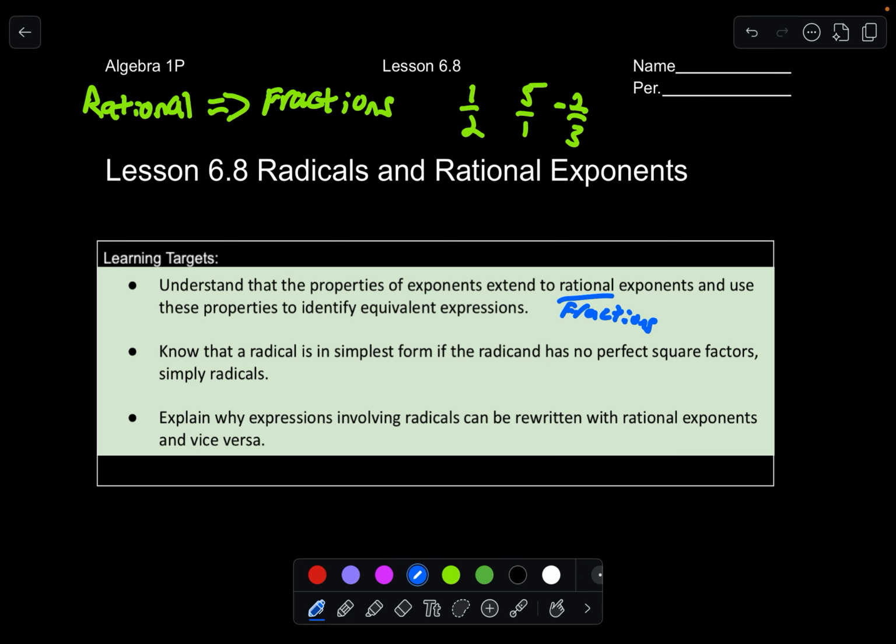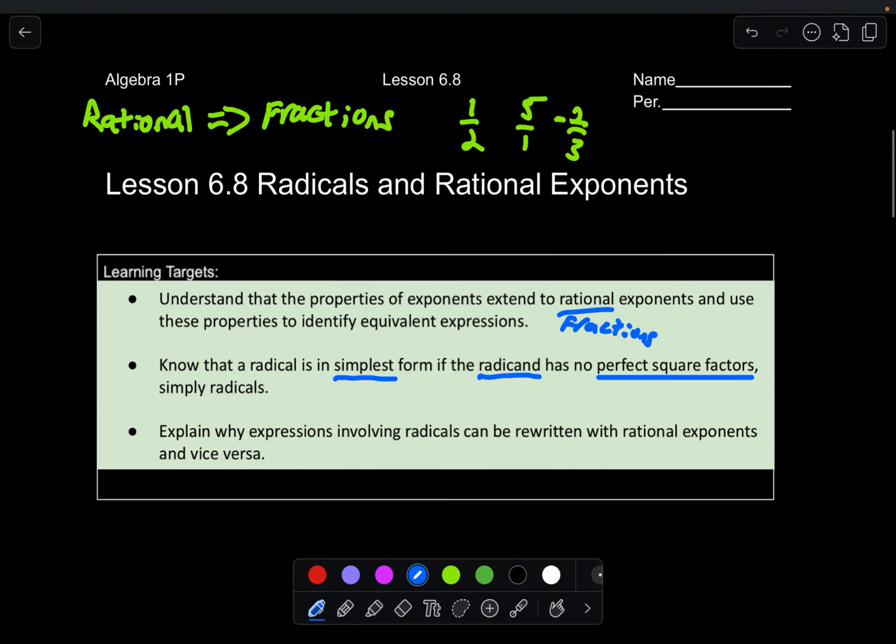Know that a radical is in simplest form if the radicand, new word, has no perfect square factors inside of it. Okay. And simplify radicals. I think that's a typo. Perfect square factors, simplify radicals. Explain why expressions involving radicals can be written with rational exponents and vice versa.